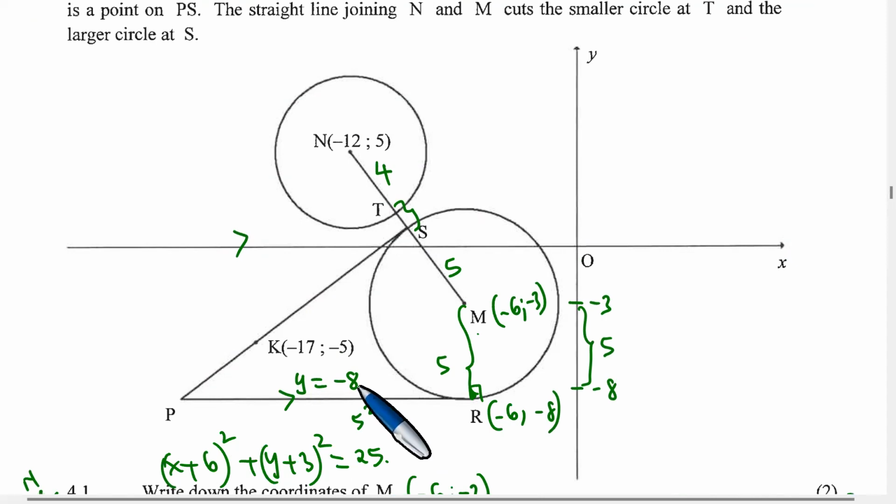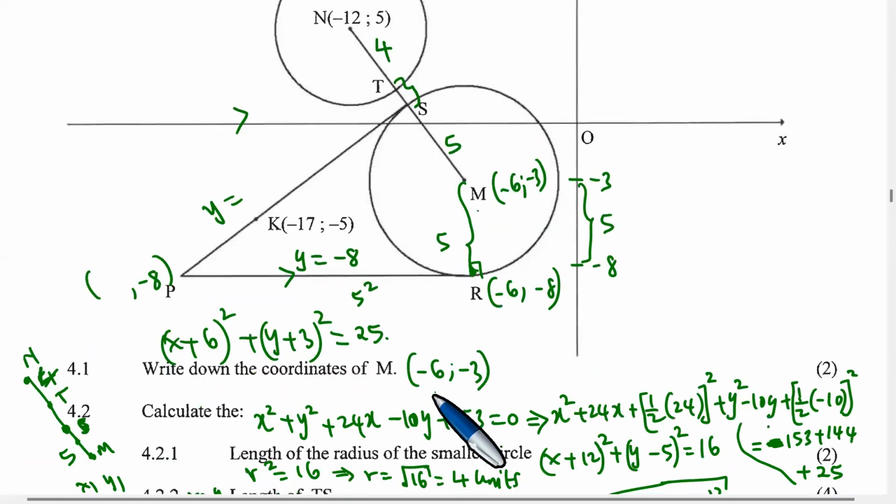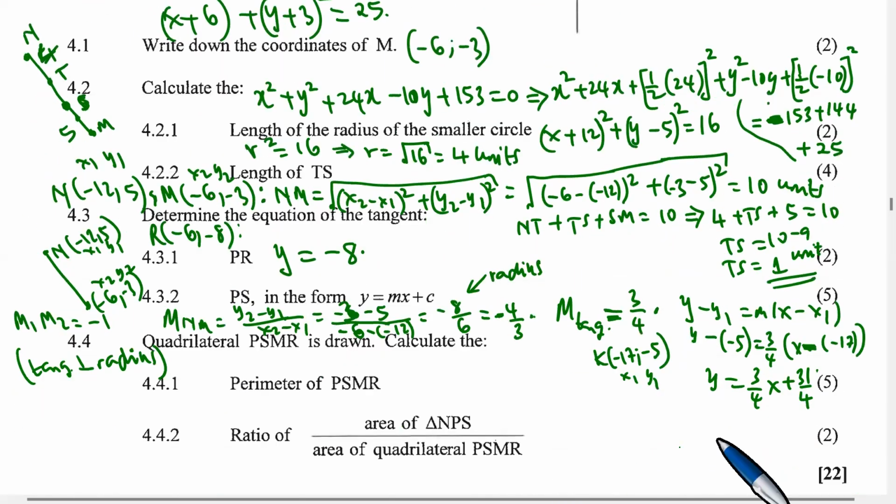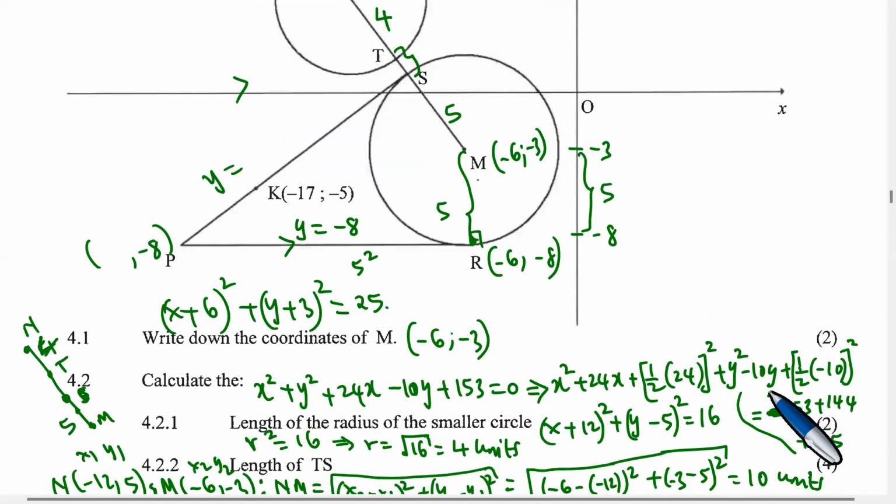This one has the equation y equals -8, which means the point P would have y-coordinate -8, and the equation of PS is y equals 3x over 4 plus 31 over 4.